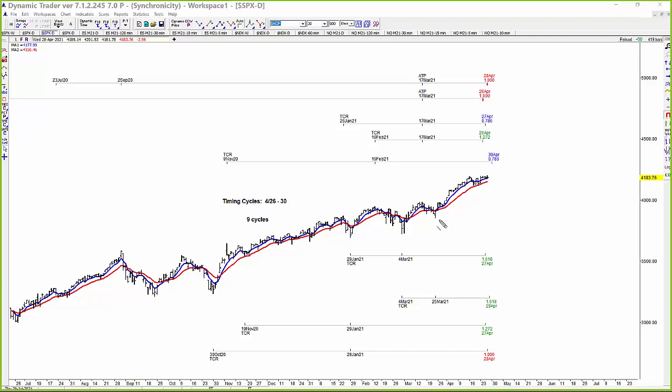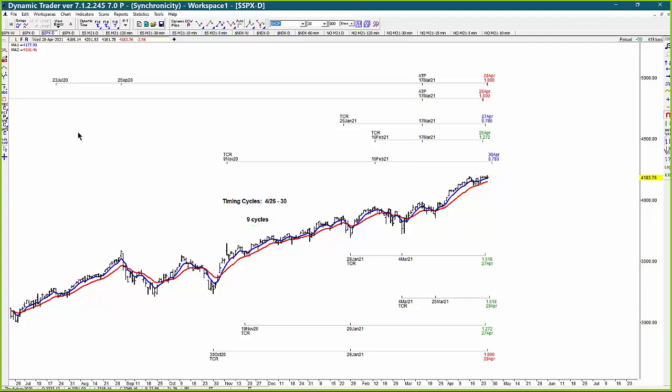So if a market is going straight up into a cluster of 9 cycles, you want to anticipate a possible failure and pullback, or pretty much a reversal of whatever the market's doing into it. If the market's going down into a cluster of cycles, you're going to look for a possible low and reversal back up. And it's probably only about 60% accurate when you see a time cluster.